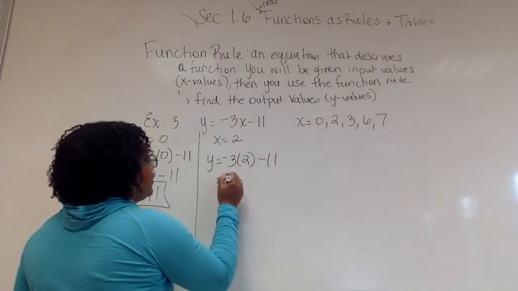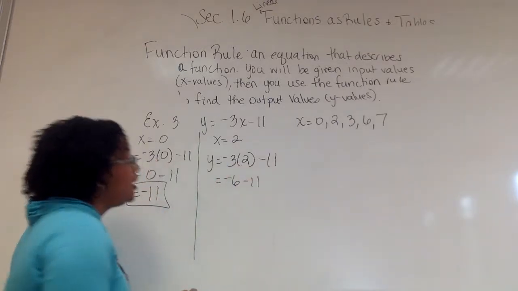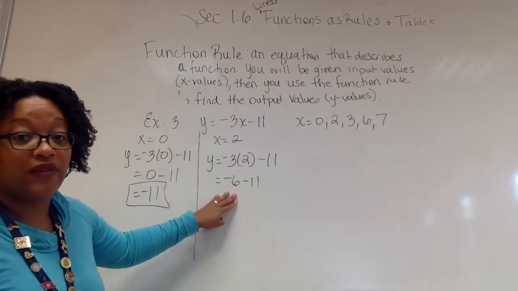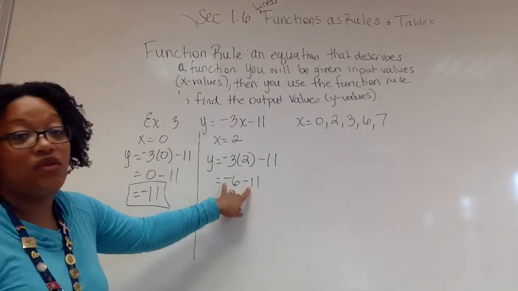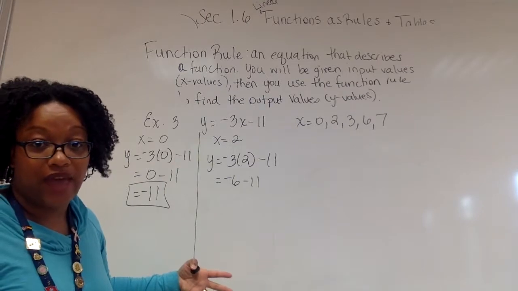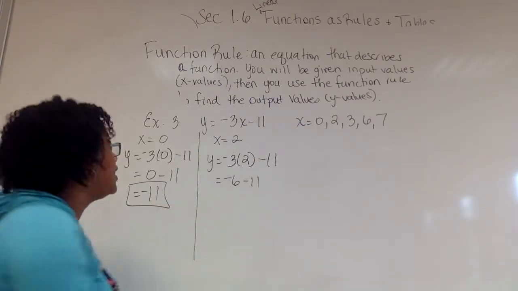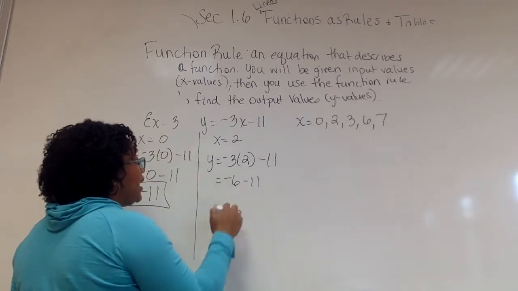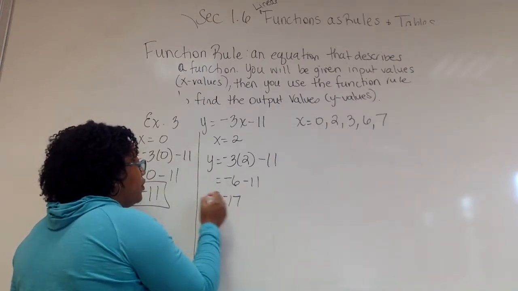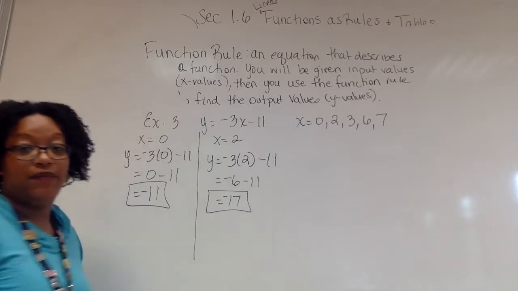So that's -6 minus 11. Again, I hope you remember from the 6th grade, whenever you have two negatives, you add them, okay? You're not multiplying because you don't have any parentheses or anything like that going on. So I have a -6, I have a -11. My output is -17, okay?